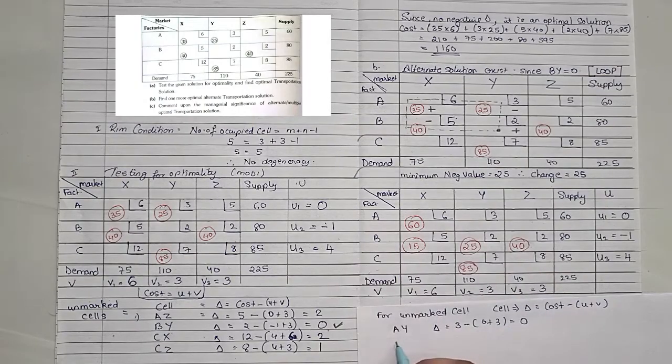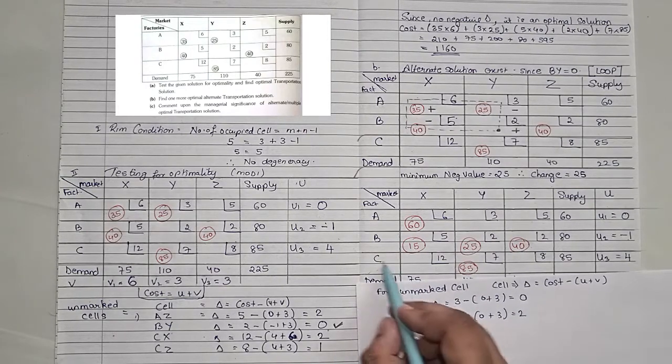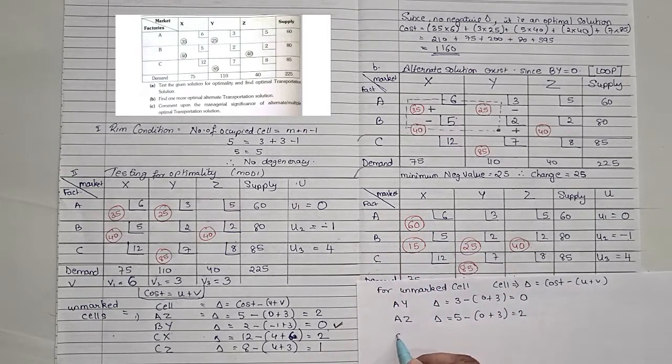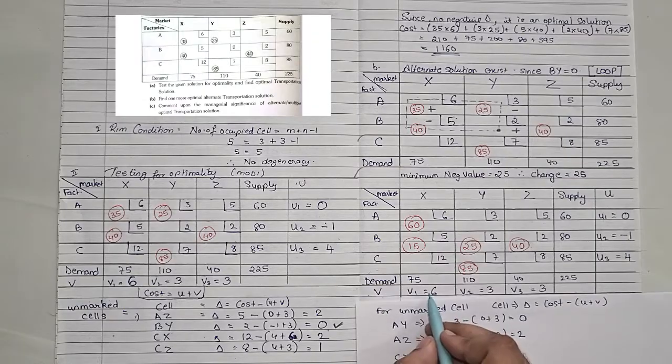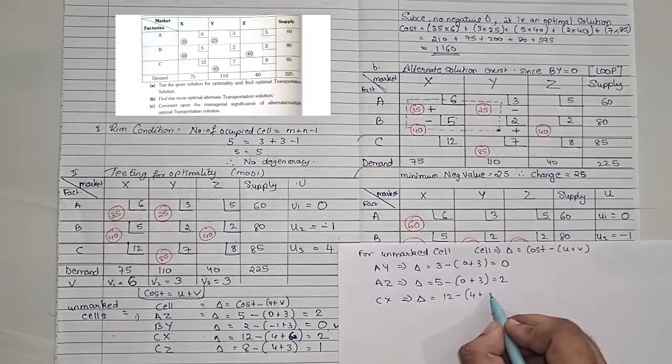Next AZ, change is 5 minus 0 plus 3, which is 2. The next is CX. Here the change is 12 minus U3 is 4 plus V1 is 6.